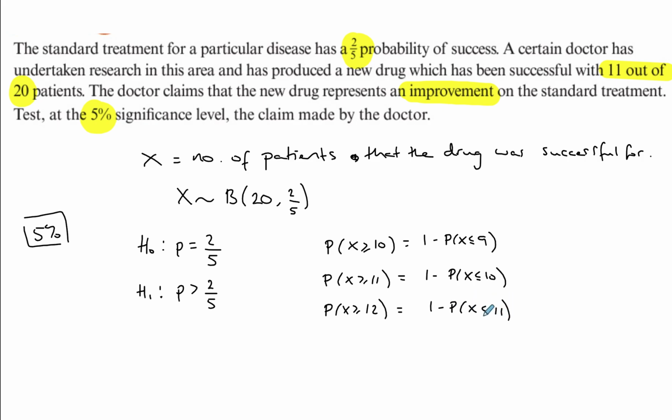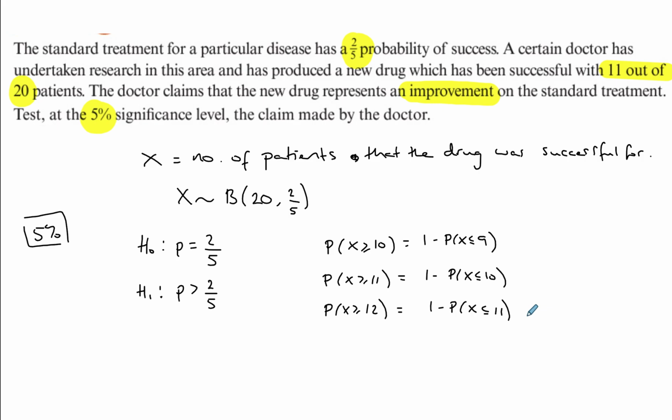So the next thing I'm going to do is go to my calculator, into option number 7 on the ClassWiz, and I'm going to scroll down to CD. Remember, it's CD for all of your hypothesis testing. And I'm going to go for the list option, and I'm going to type in 9, 10, and 11.